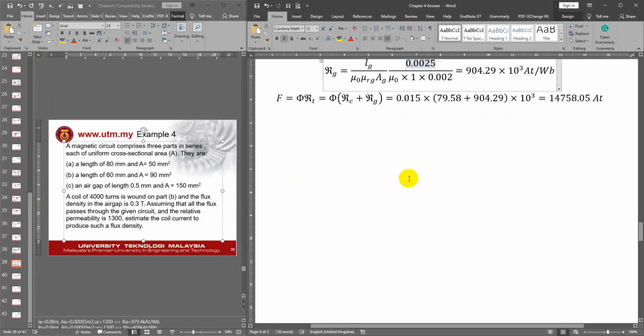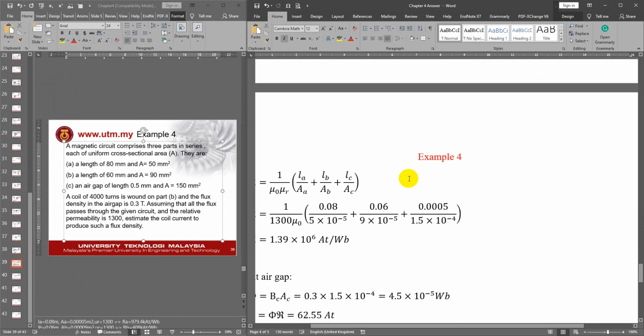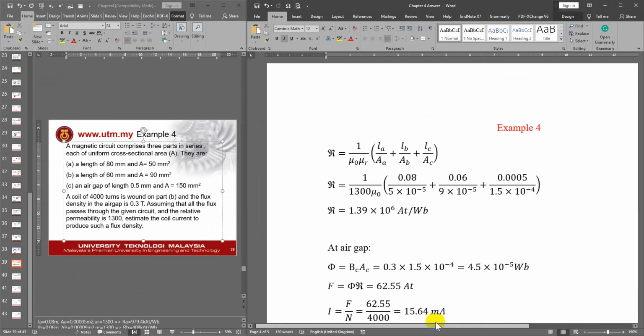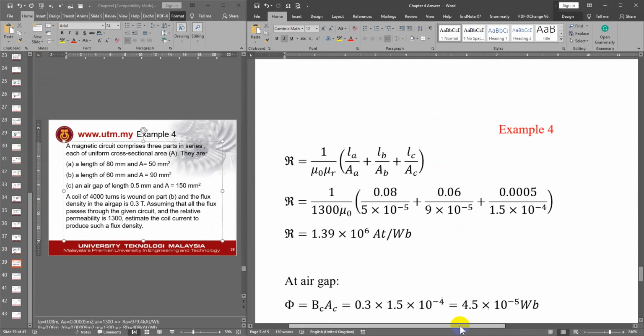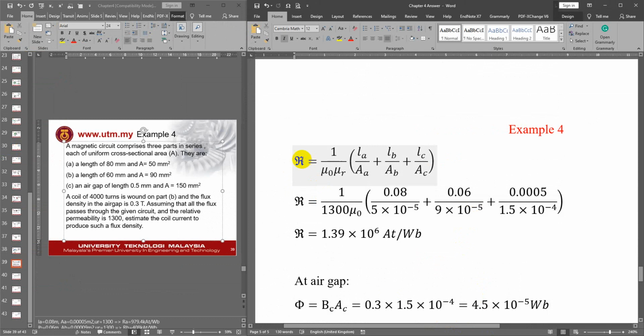So now we look at the solution for example 4. First, you have to calculate the reluctance. 1 divided by mu naught mu r, because the material is the same, you can take it out. Only the area and the length are different, so it is much easier for you to calculate. You don't have to calculate one by one. So 1300 is taken from here.